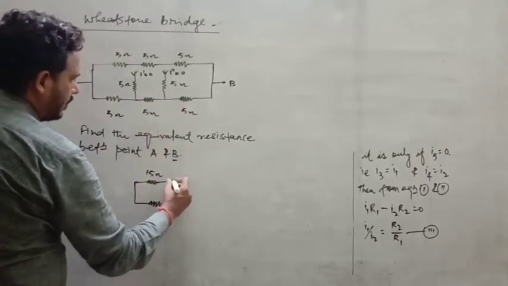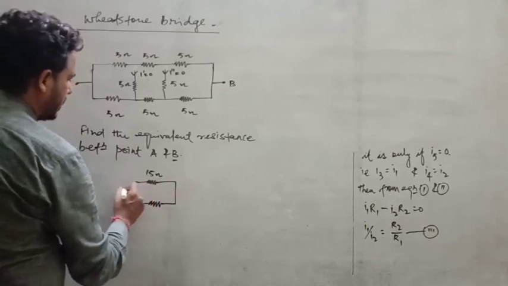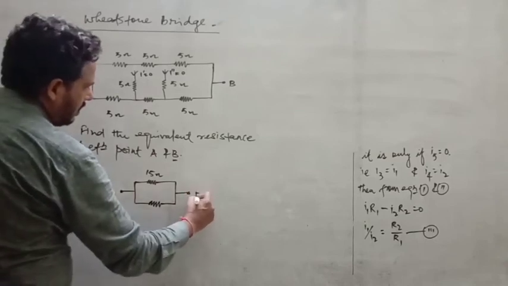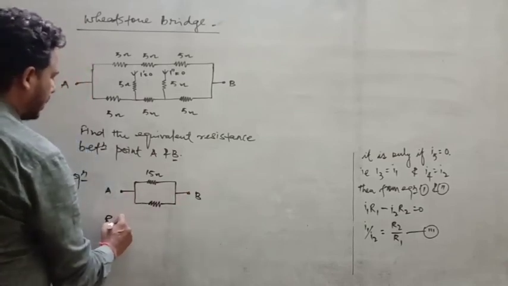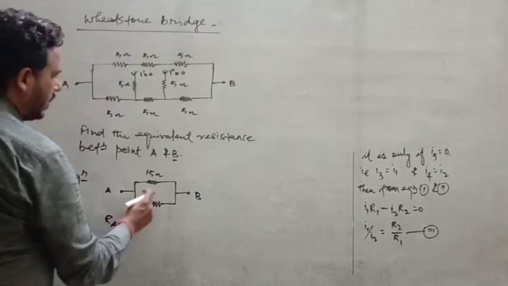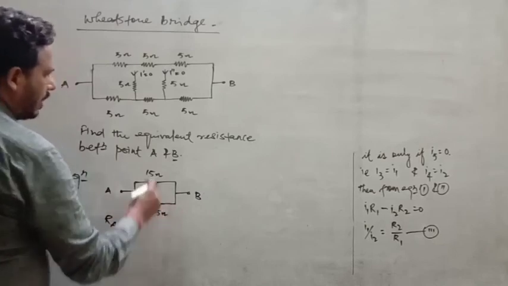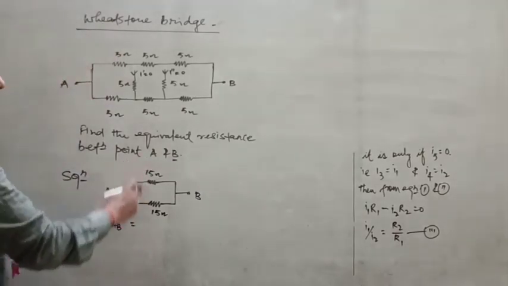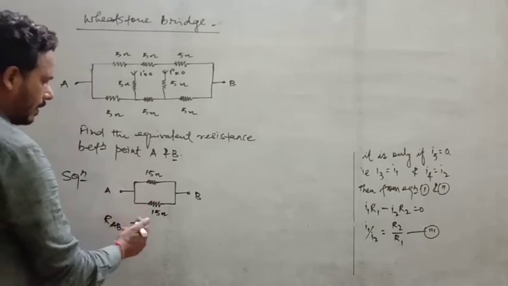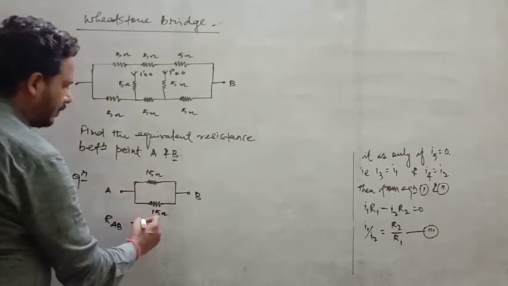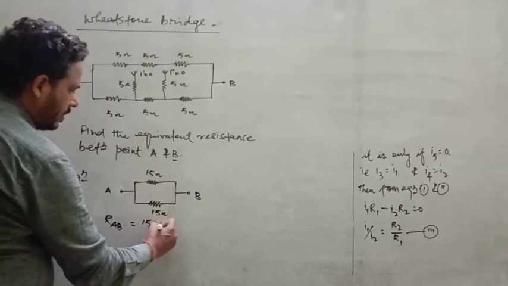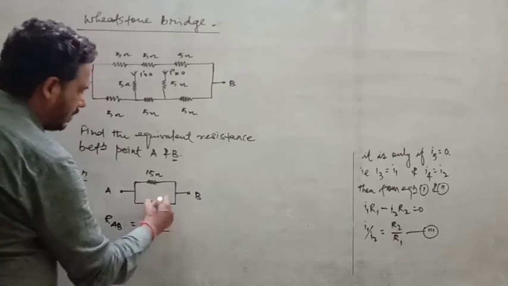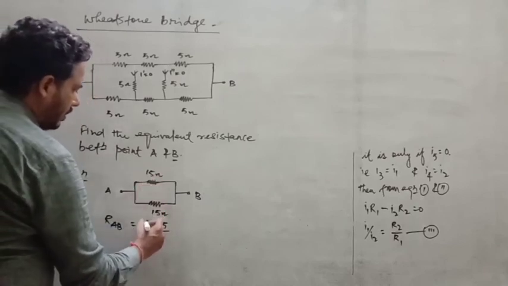Now both 15 ohm are in parallel. The combination is 15 times 15 divided by 15 plus 15, that is 30.